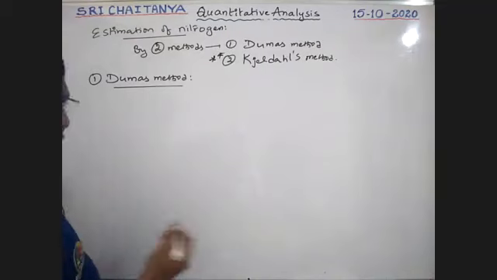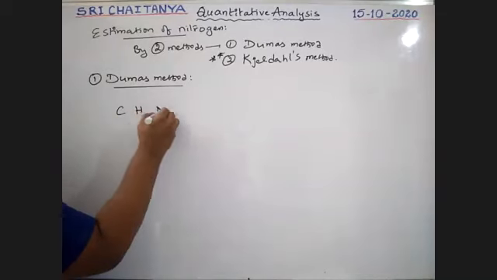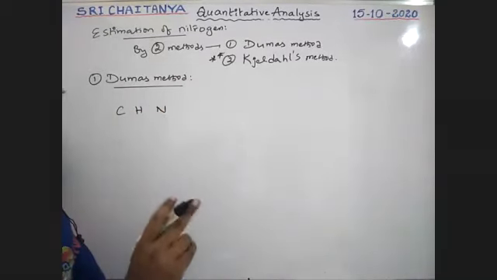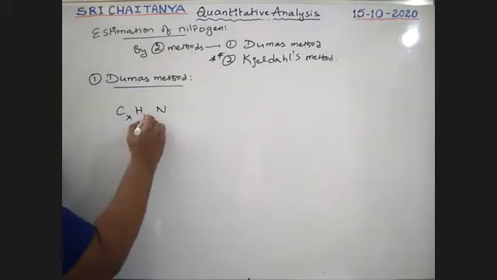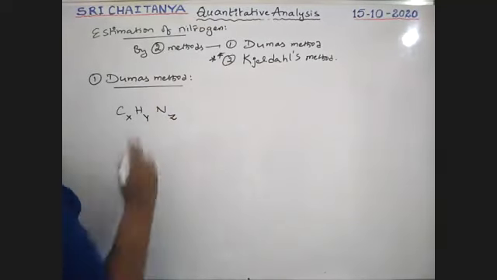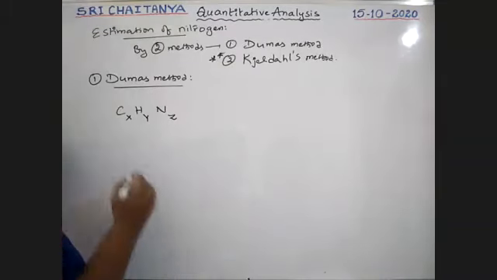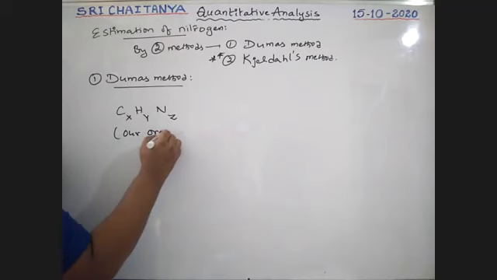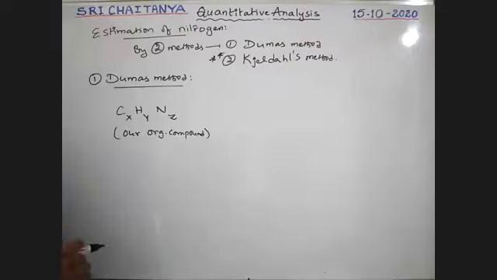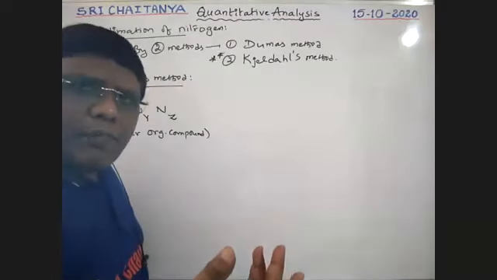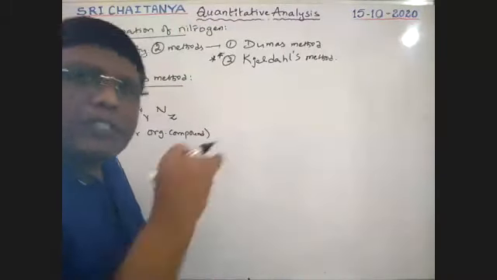Our organic compound contains carbon, hydrogen along with nitrogen. For our convenience, X atoms of carbon, Y atoms of hydrogen, Z atoms of nitrogen are there. This is our organic compound that contains nitrogen along with carbon and hydrogen. Because in an organic compound there should compulsorily be carbon and almost always hydrogen, along with those two, nitrogen is also present.